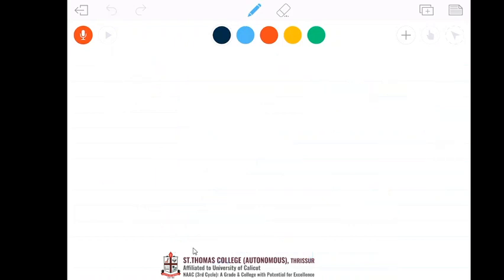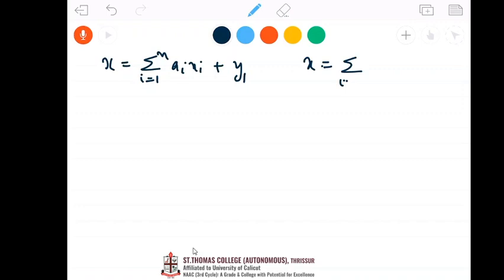For that, assume that x can be written as summation i equal to 1 to n ai xi plus y1, as well as we can express the same x as summation i equal to 1 to n bi xi plus y2, where y1 and y2 are in E1. The ai's and bi's are scalars.